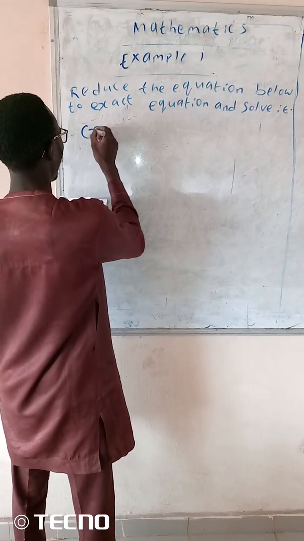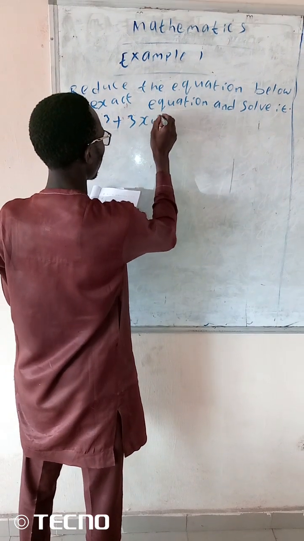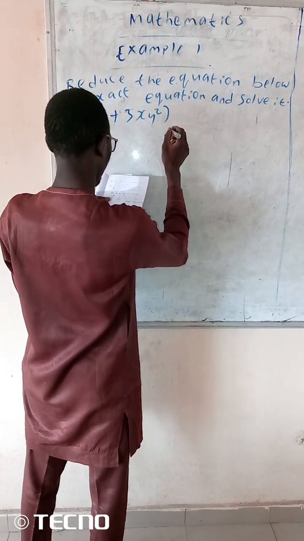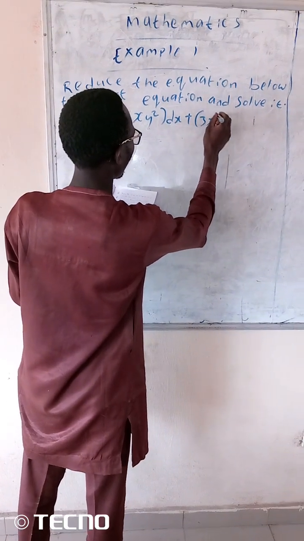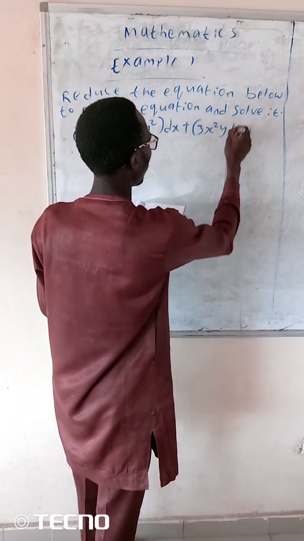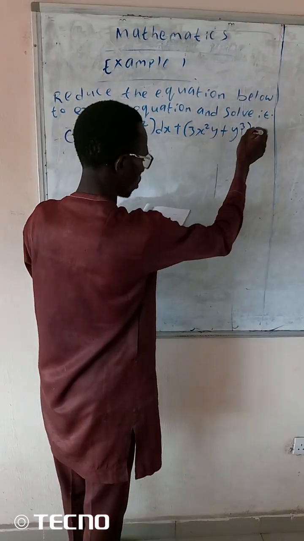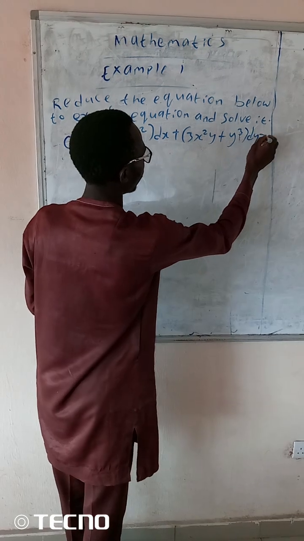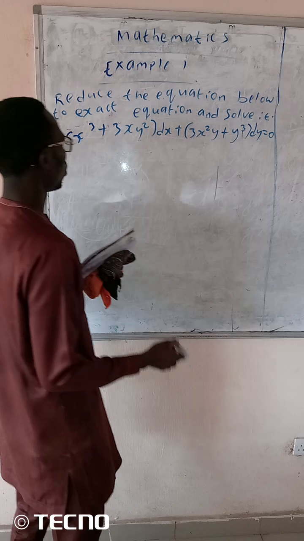We have (x^3 + 3xy^2) dx + (3x^2 y + y^3) dy equals 0.